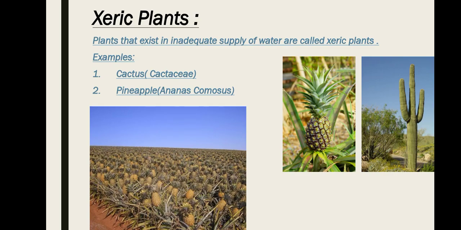Then we have xeric plants. So what actually are xeric plants? These are certain plants which tend to survive even in conditions which offer less amount of water to them than what they actually require.